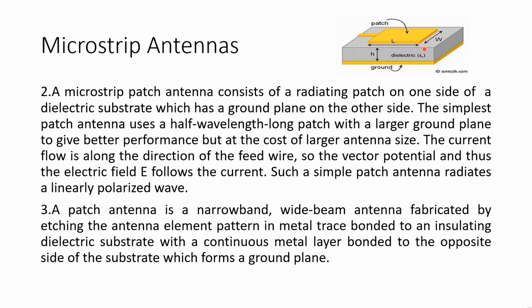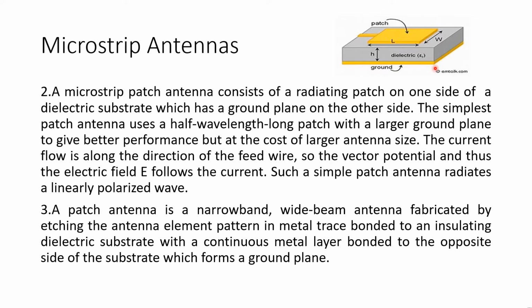Usually it is a narrow band and wide beam antenna, and it is fabricated by etching the antenna element into an insulating dielectric substrate with a continuous layer. One of the key drawbacks of patch antennas is their narrow bandwidth. If you want to achieve a wider bandwidth, a relatively thick substrate is used.